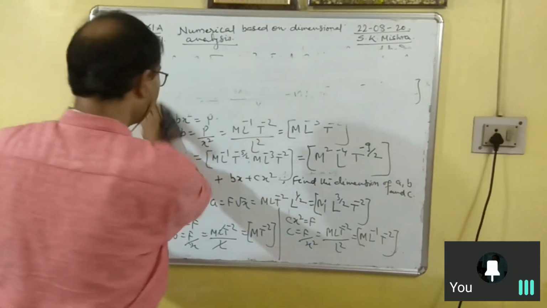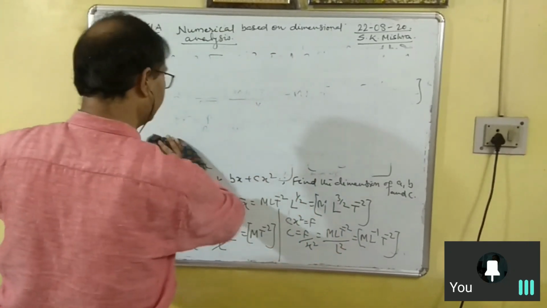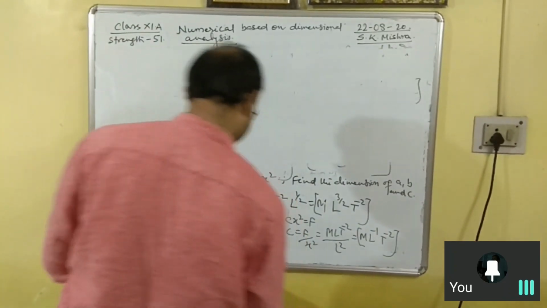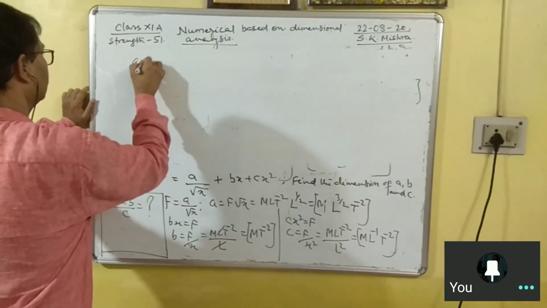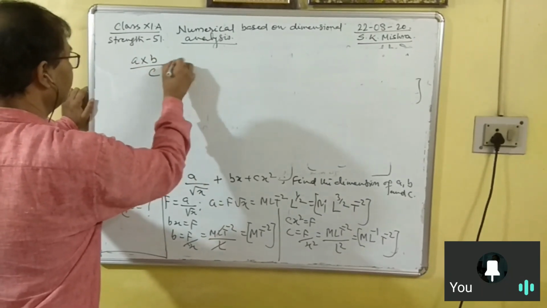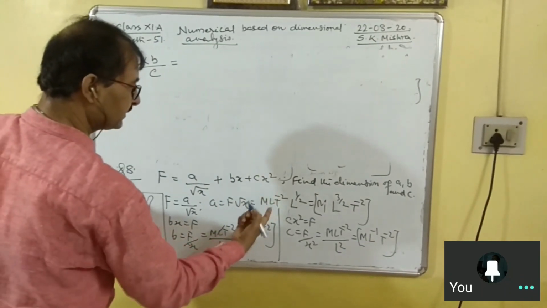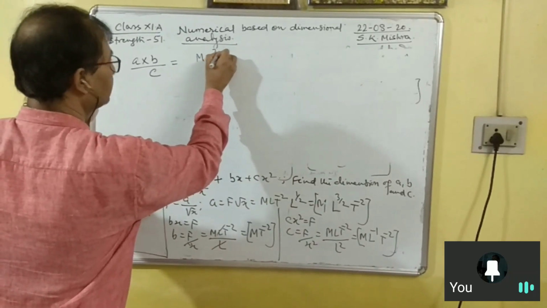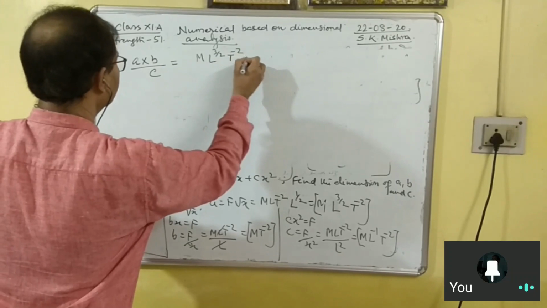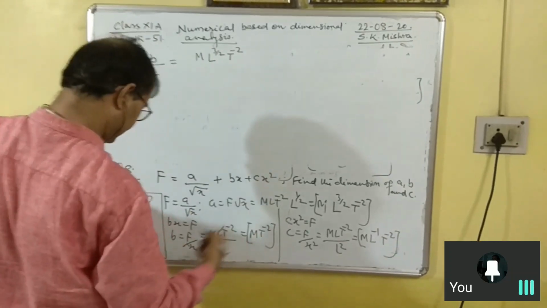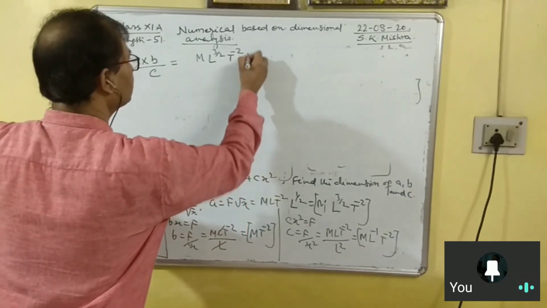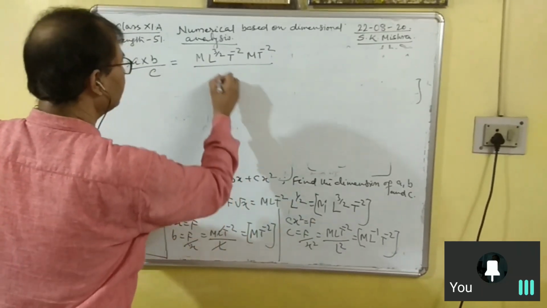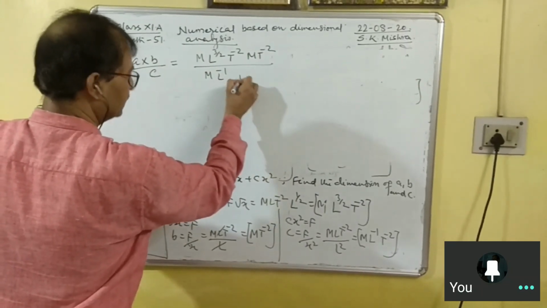Okay, now we are going to find A into B divided by C. For the same question, the next part is, if you are going to find A into B by C, what is the dimension of A? A is ML 3 by 2 T raised to minus 2, into B. B is MT minus 2, divided by C, which is ML minus 1 T minus 2.